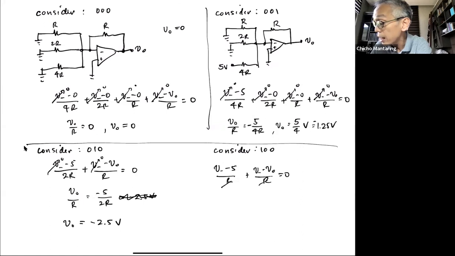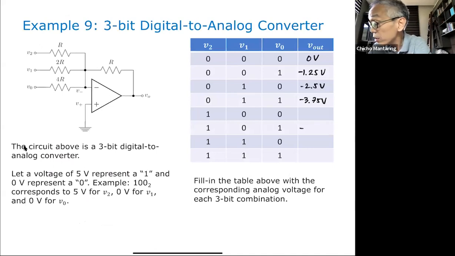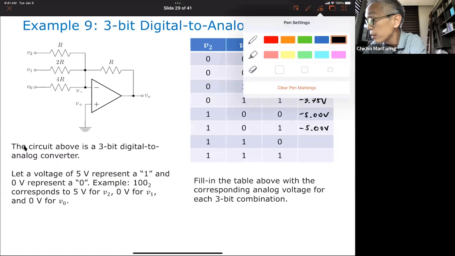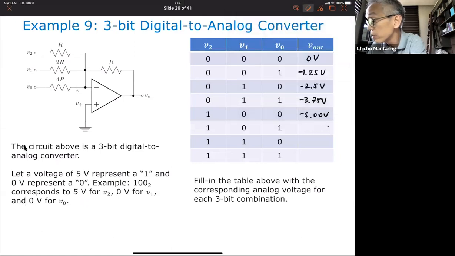So the R cancels out, and your V sub O is equal to minus 5 volts. Sorry, minus 5.00 volts. Sorry.